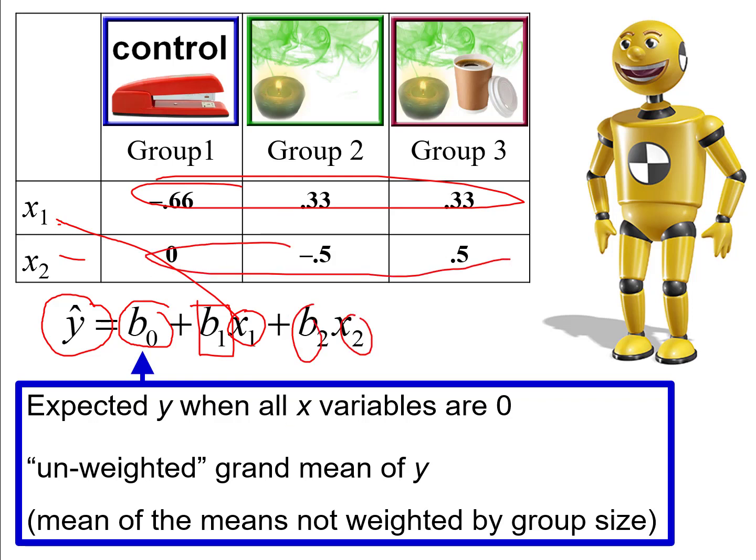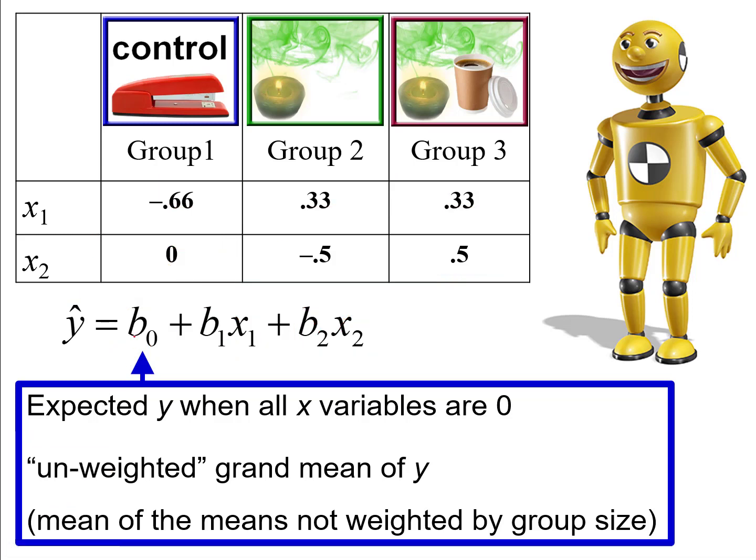That's the regression equation. When we run our analysis, we'll get output: a value for our intercept, a value for our first slope, and a value for our second slope. So we'll get 3 parameter estimates, for our intercept and our 2 slopes.